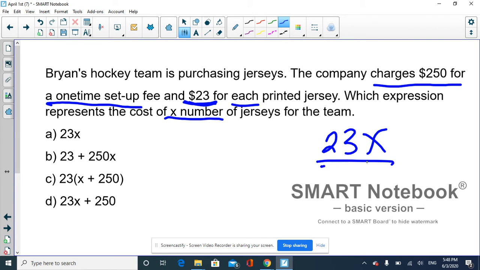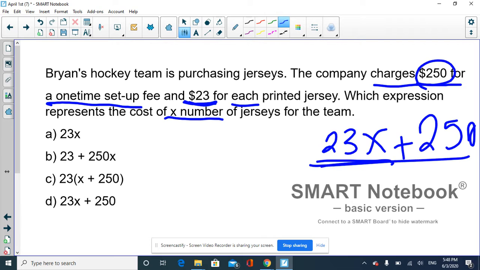So we have 23x in this expression. And also we have $250, but only for one time. That means 23 times x plus 250. This will be the correct answer, and you have to look for this answer.